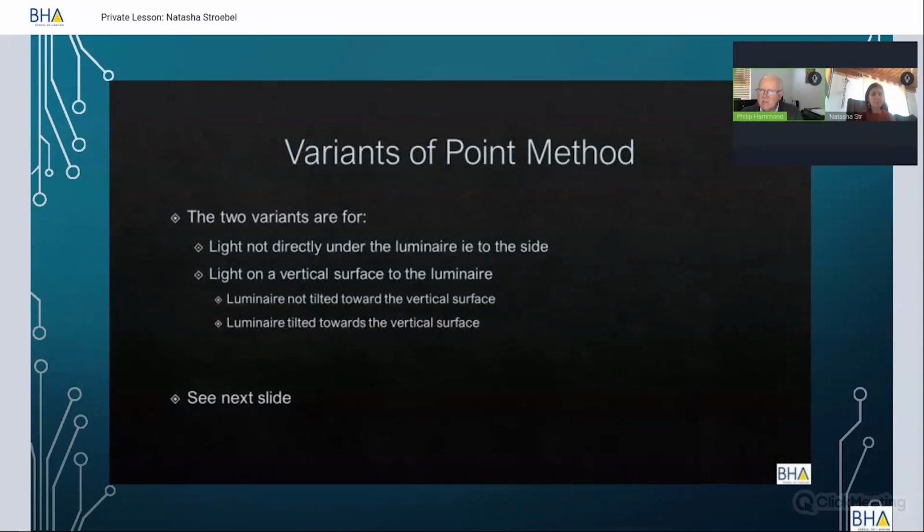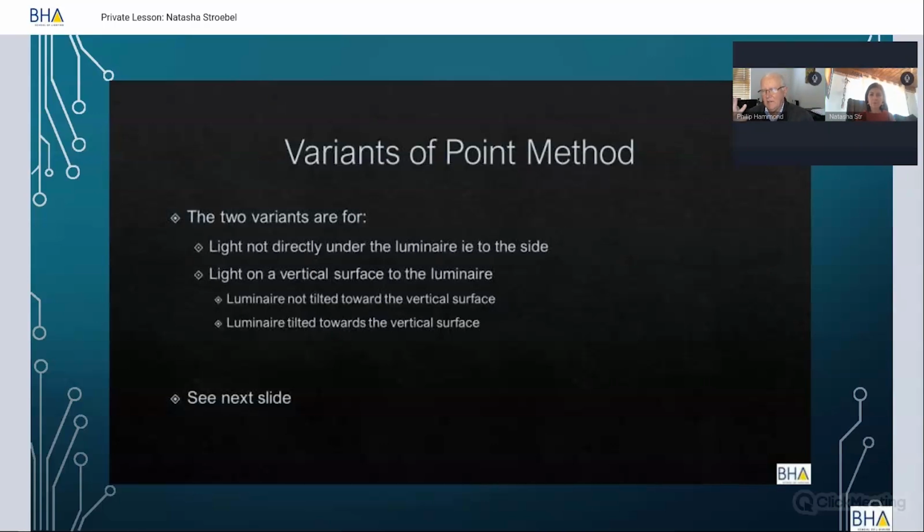In other words, to the side. And the other one is, you know those bullnose downlighters that you can swivel, and we can point it towards a painting on the wall? So we're shining it at the wall, and we want to calculate what the illuminance is on the painting. So that's the other variant. Those are the two things.